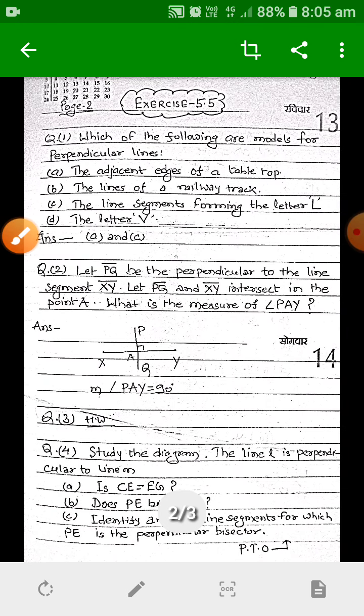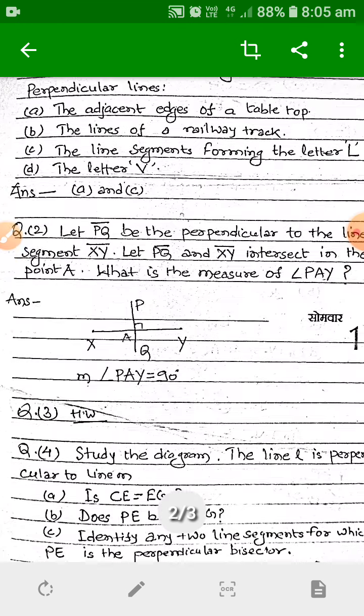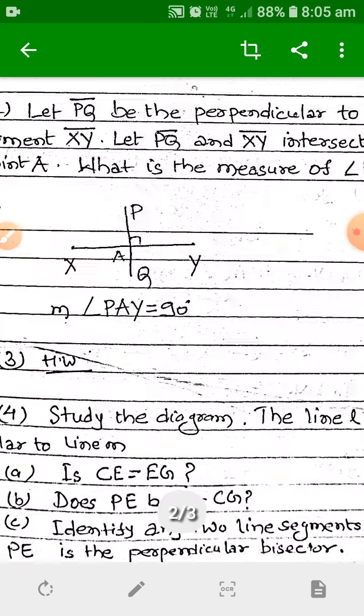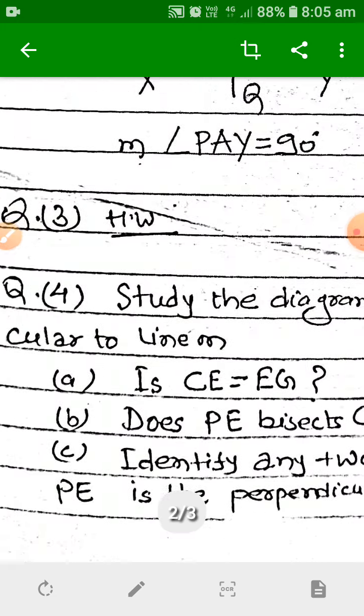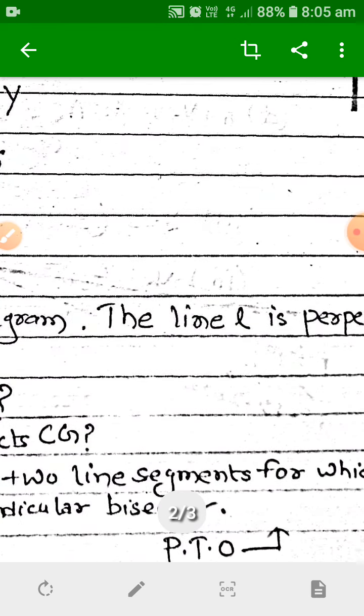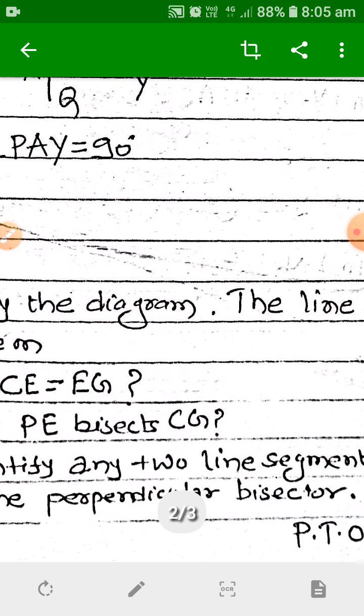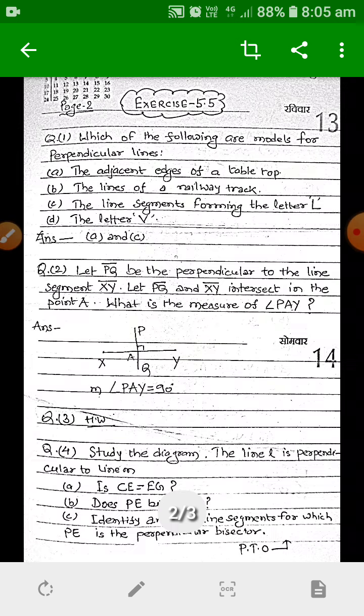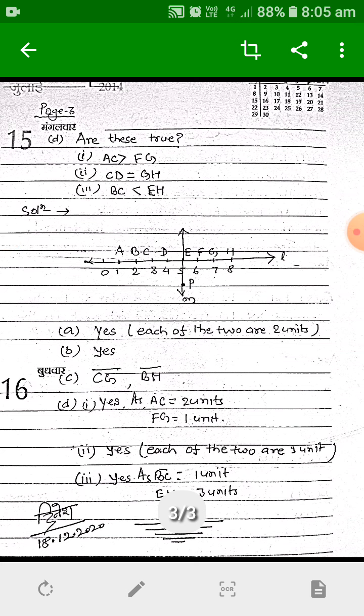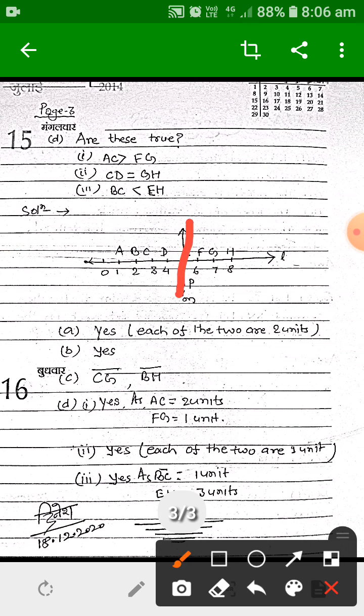Now read question number C. Identify any two line segments for which PE is the perpendicular bisector. Look at the figure. This is PE. We have to identify any two line segments for which PE is the perpendicular bisector. That means PE bisects the required line segments.